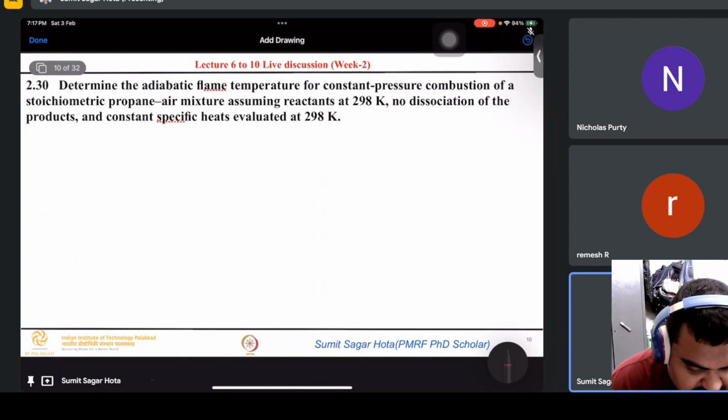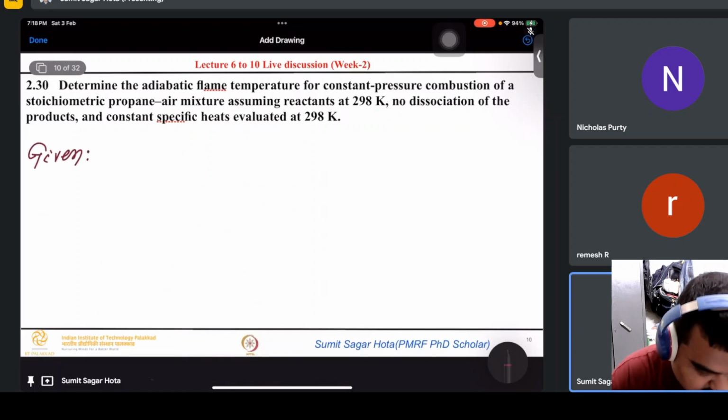There are different types of adiabatic flame temperature, depending upon properties like constant pressure or constant volume, or maybe a specific heat. All these examples are also in the book, so you go through all of this to understand this question.